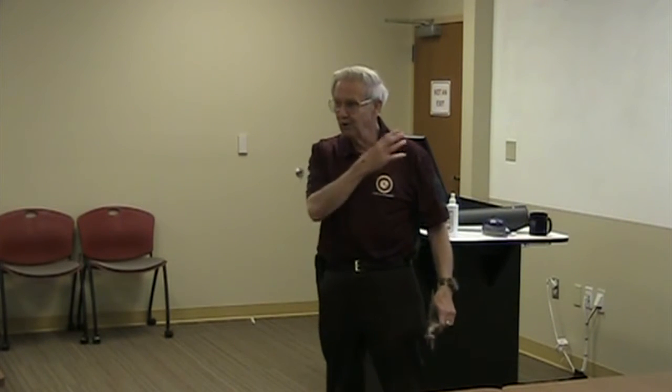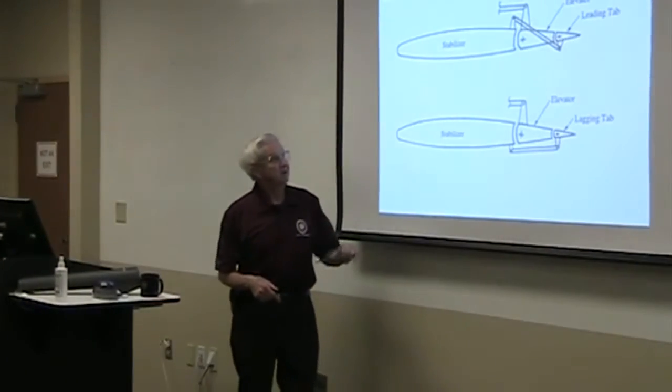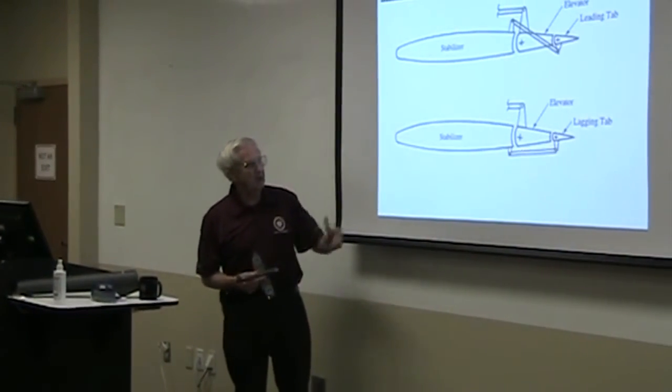None. Nada. They were all reversible systems. And so we had to use some of these techniques for the pilots to be able to even fly them. Okay? Because the control forces on a big airplane are just too high. You know, the aerodynamic loads are way out there. But this is a leading and a lagging tab.